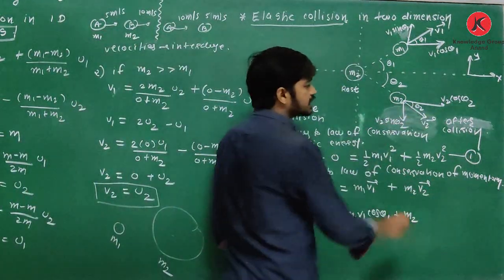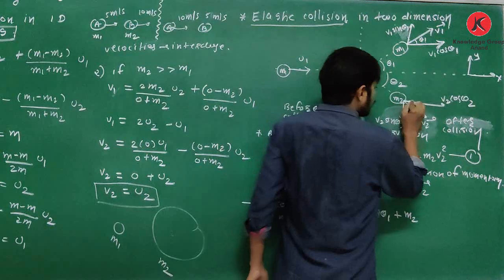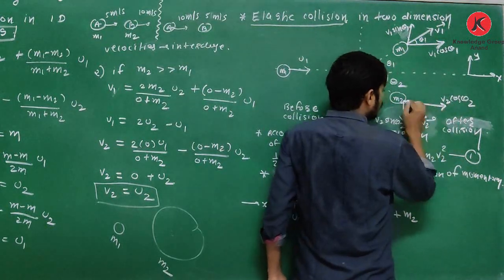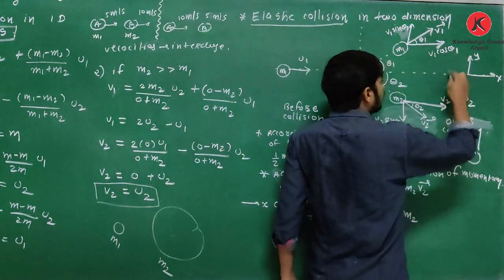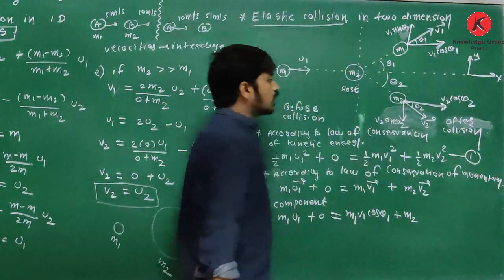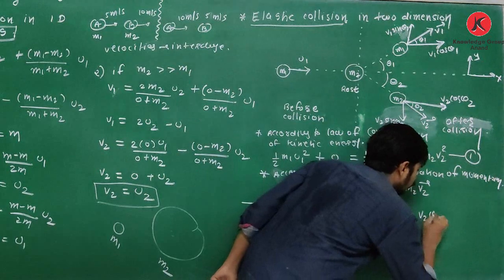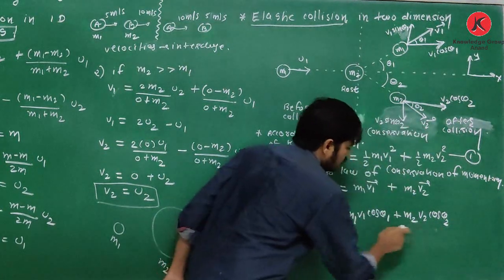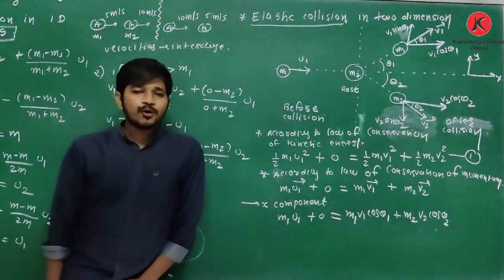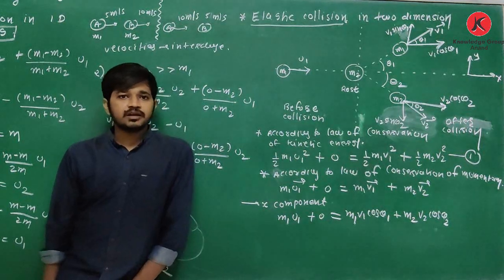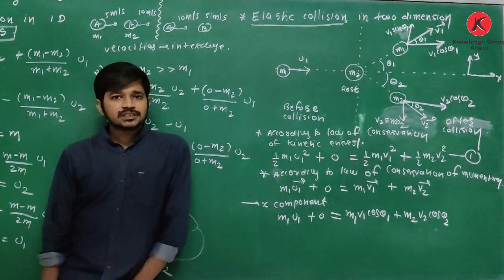Here it is v2 cos theta 2, also in this direction. v1 cos theta 1 and v2 cos theta 2 are in the same direction. So here it is m2 v2 cos theta 2, and I have a plus sign for them.